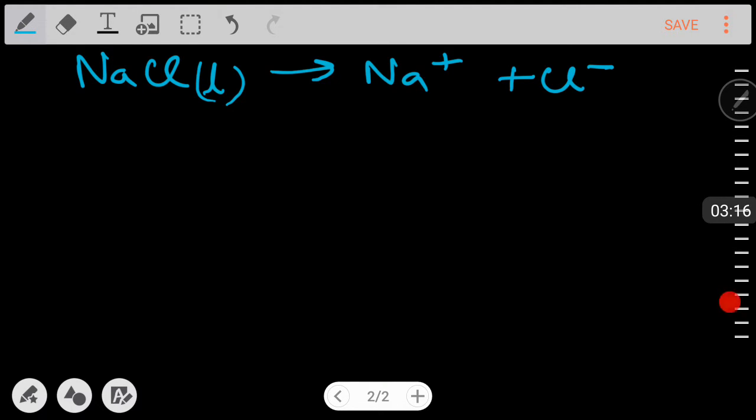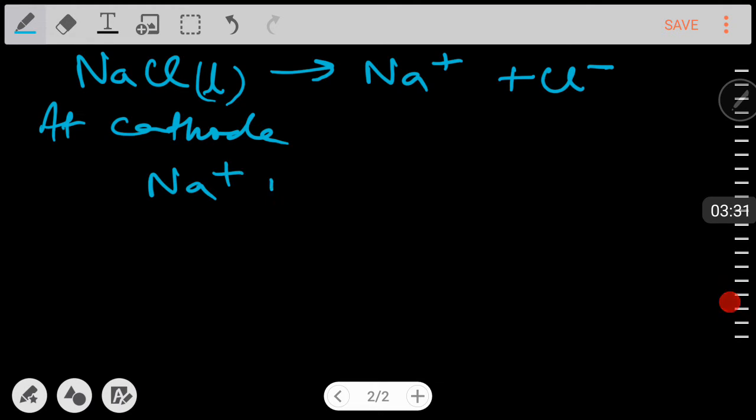Na+ ion is a cation, so it will move towards the cathode. When it touches the metal rod of the cathode, it gets reduced by taking an electron from the metal rod of the cathode and changes to sodium metal. So you will get sodium metal as a product.